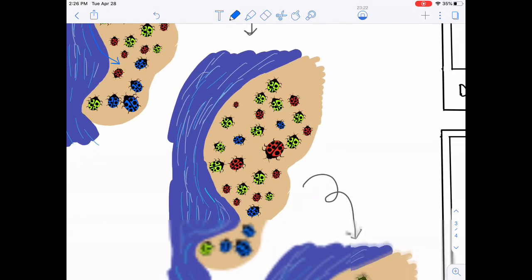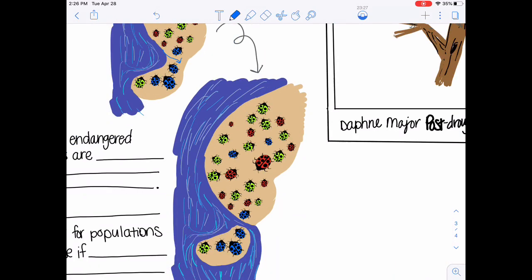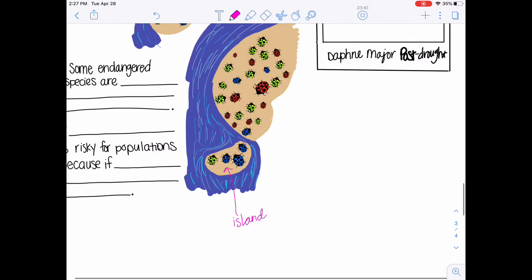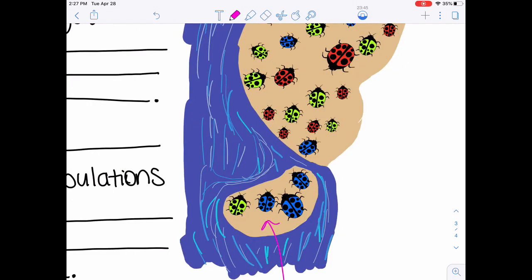My little ladybugs can't swim, so if they're on a different island, they are completely separated from the mainland. The bugs cannot go back and forth. So this is actually how some species become endangered.